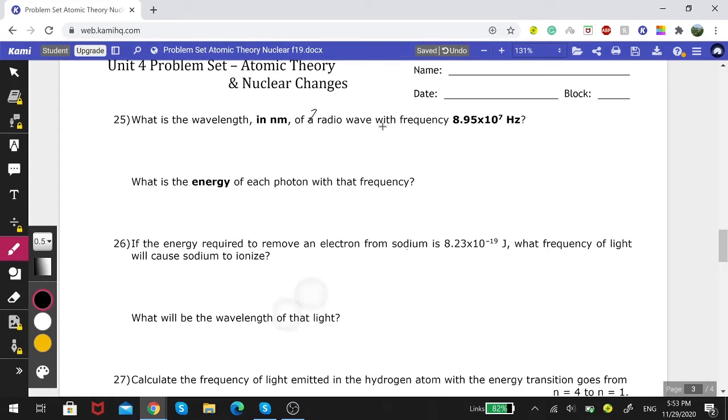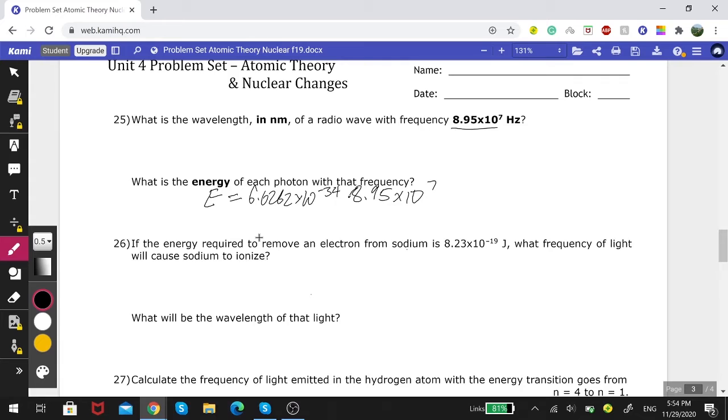And then this question asks for energy, so we can answer this one first. Now, energy is equal to that number, which is 6.6262 times 10 to the negative 34th times what we have over here, 8.95 times 10 to the 7th.